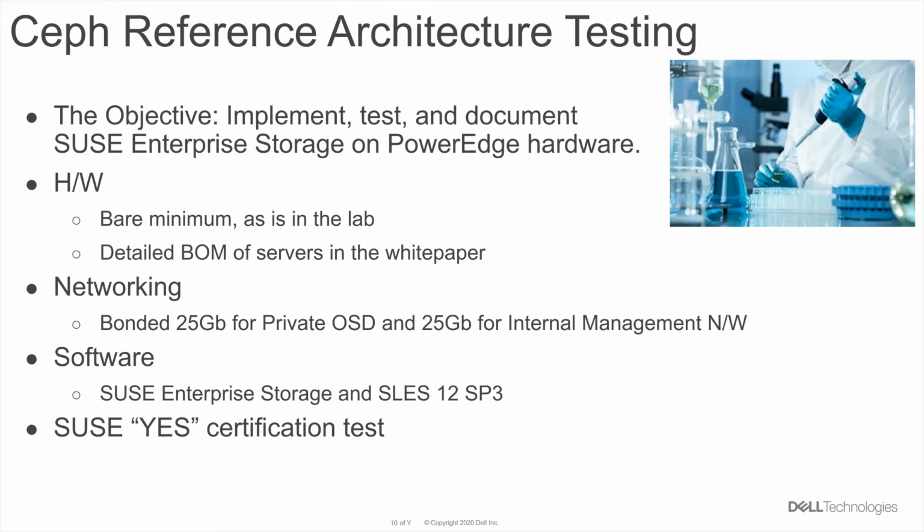For the software, this was built on top of SUSE Enterprise Storage 5. 6 applies in the exact same way. And the hardware was YES certified, and we YES certified the storage cluster as well. That's an additional level of certification above the standard hardware certification level.